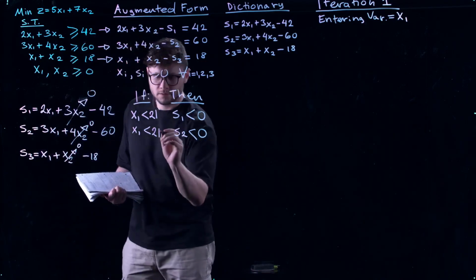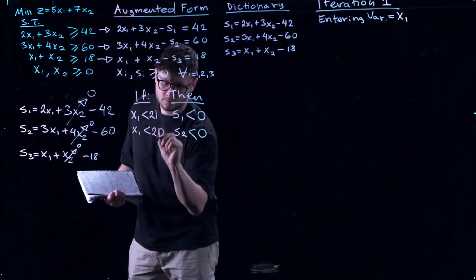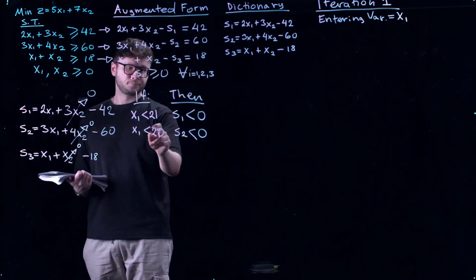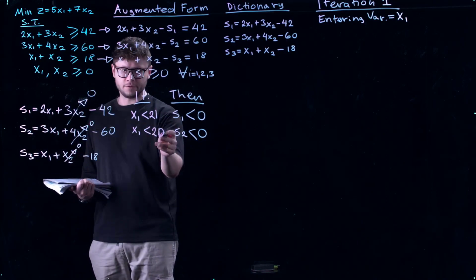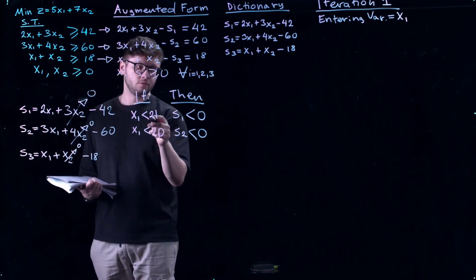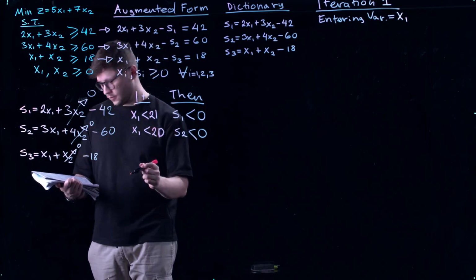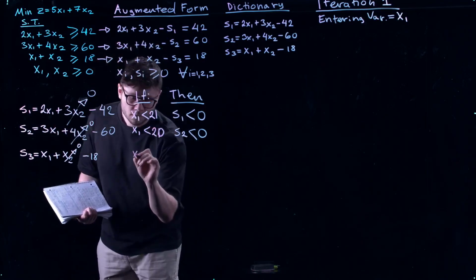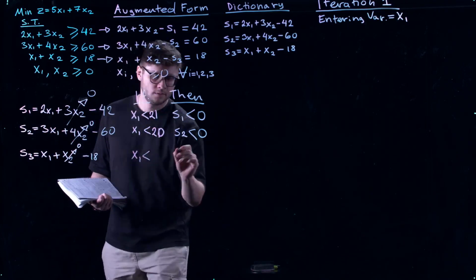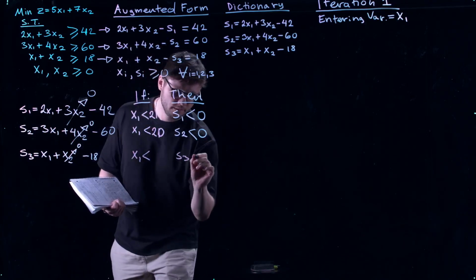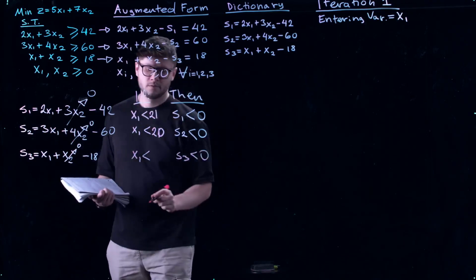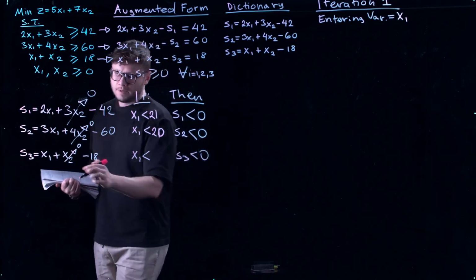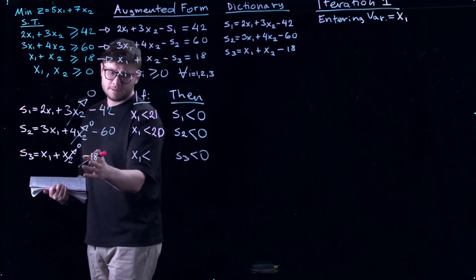So, pardon me, this is 20. That is the minimum value of x1 with regards to S2, and for x1 and S3, here there's no coefficients, so it's 18.